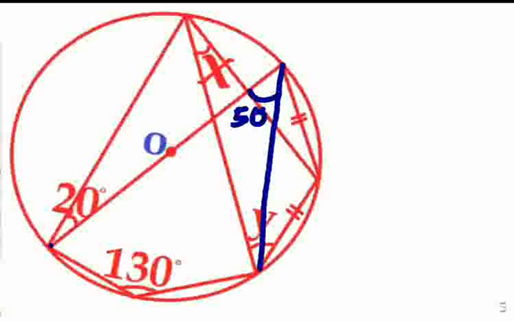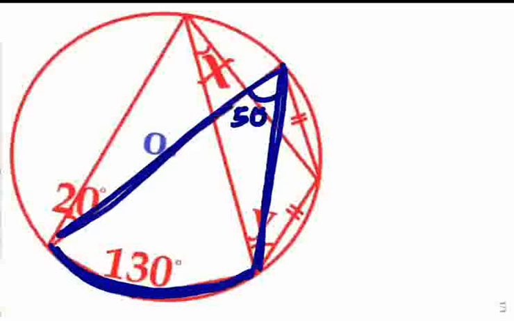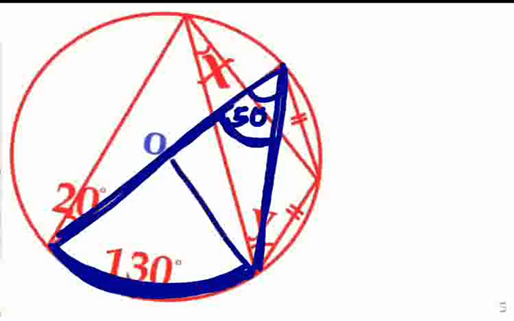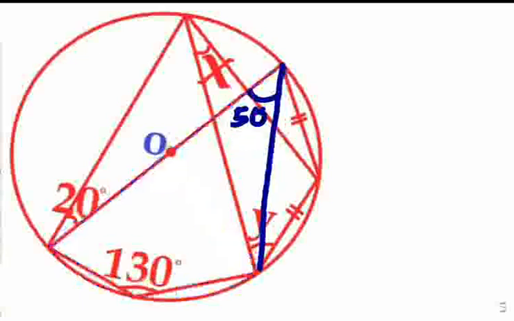Next, can you see this arc? This arc now subtends an angle of 50 degrees on the circumference there. What angle will this same arc subtend at the center? Do you know that the angle which an arc subtends at the center is twice that which it subtends on the circumference?